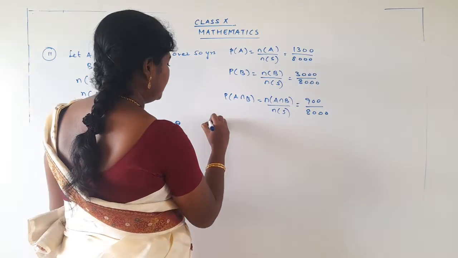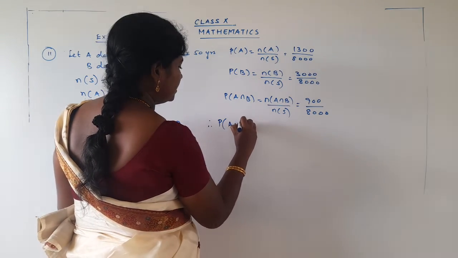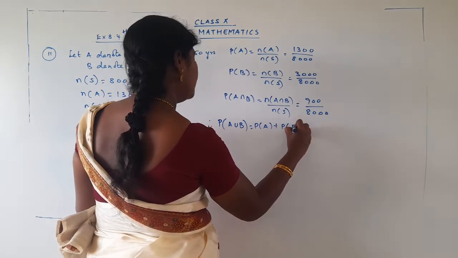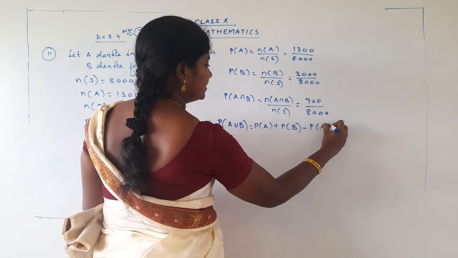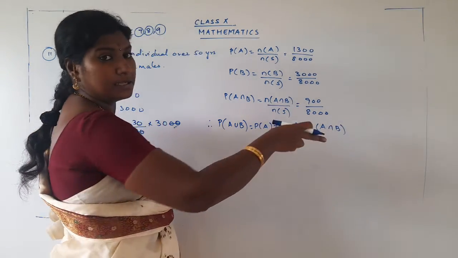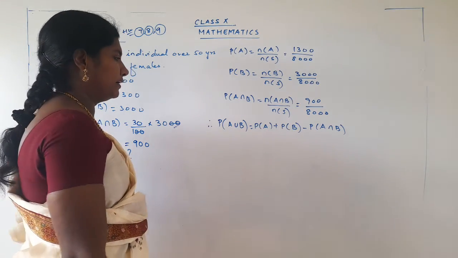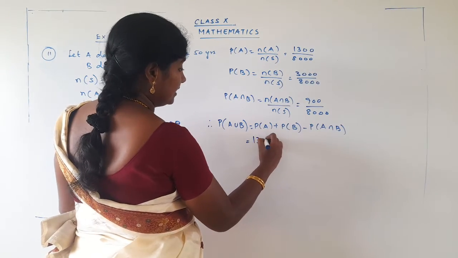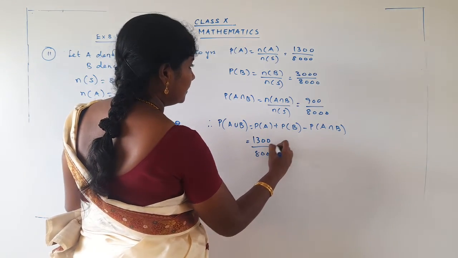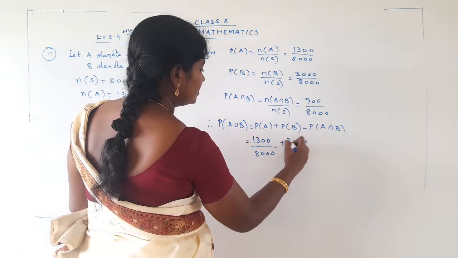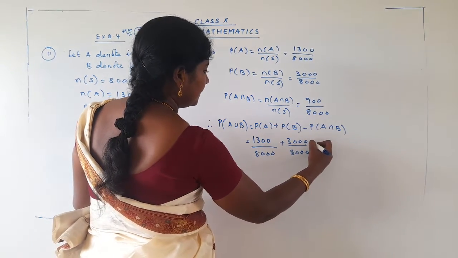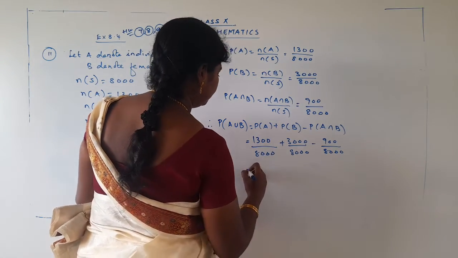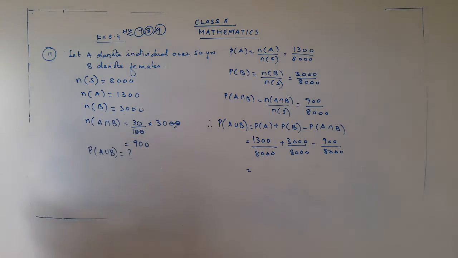Therefore P of A union B is equal to P of A plus P of B minus P of A intersection B. I have told you, you can just use this according to the given part. P of A is 1300 upon 8000 plus 3000 upon 8000 minus 900 upon 8000.